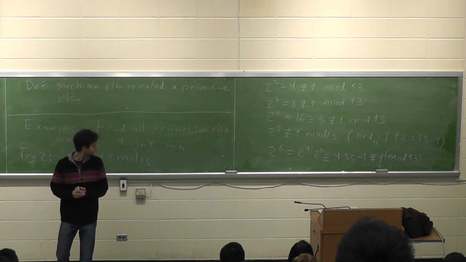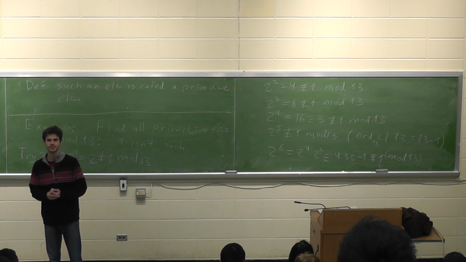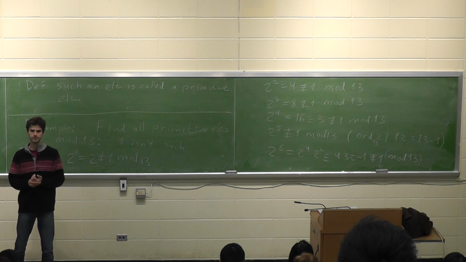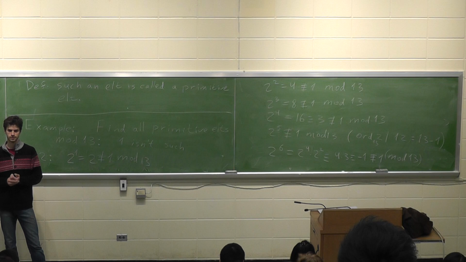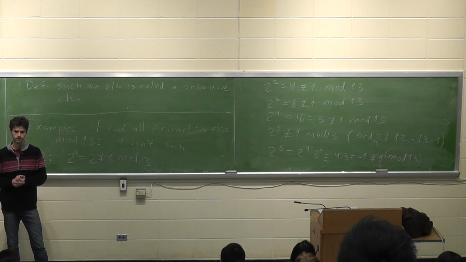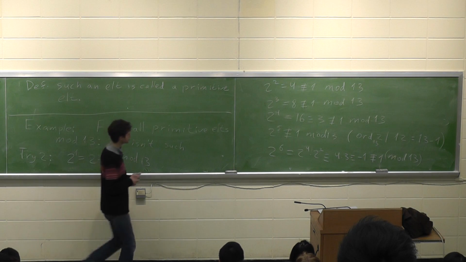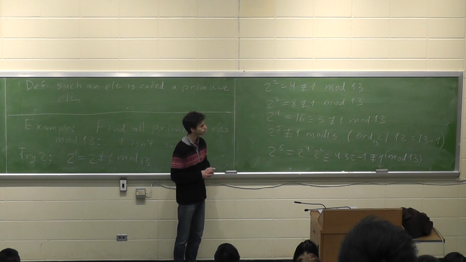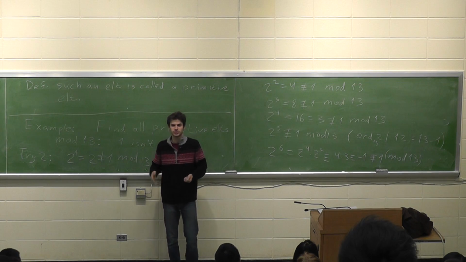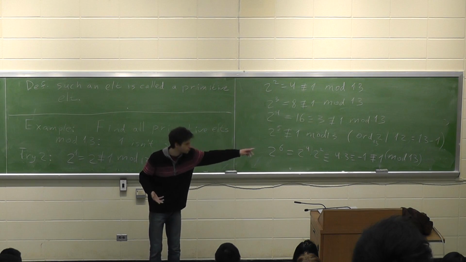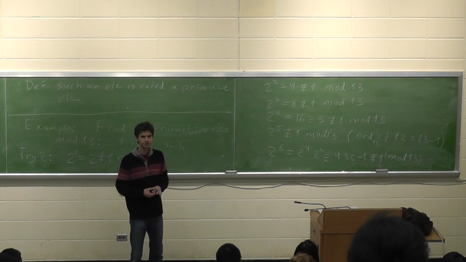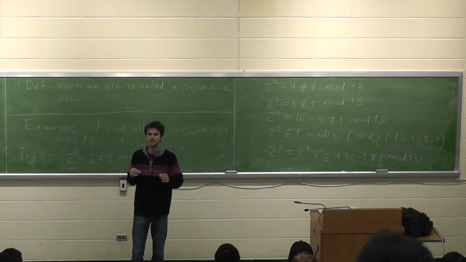Should we compute anything else? No. 2 to some power should be equal to 1, but the smallest such power should be a divisor of 12. We already checked all the divisors of 12 but 12 itself.